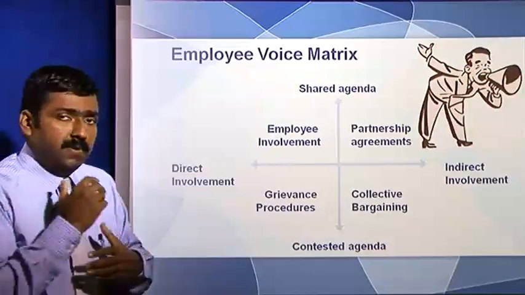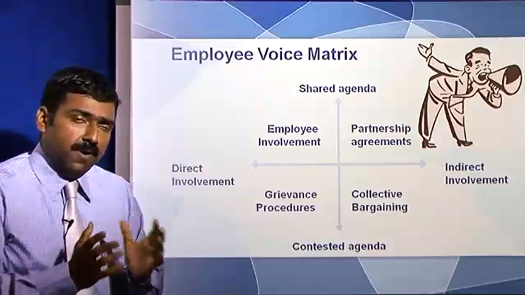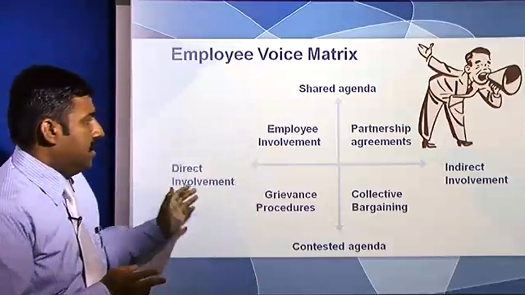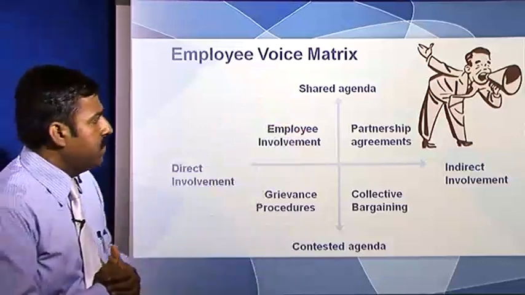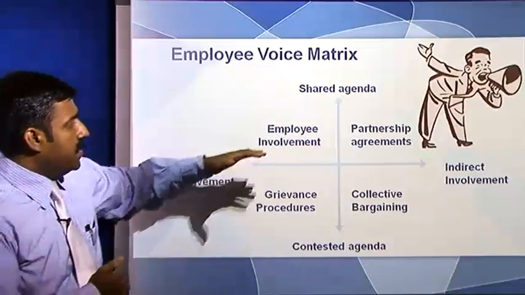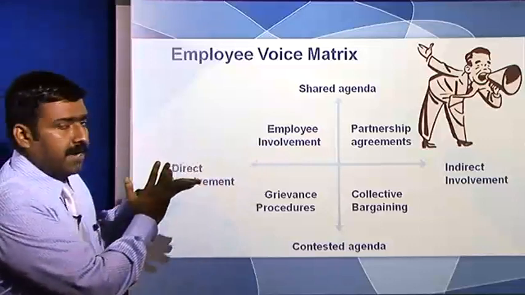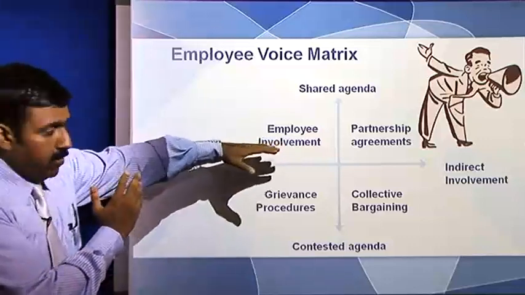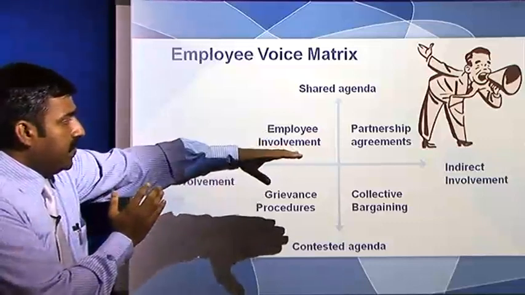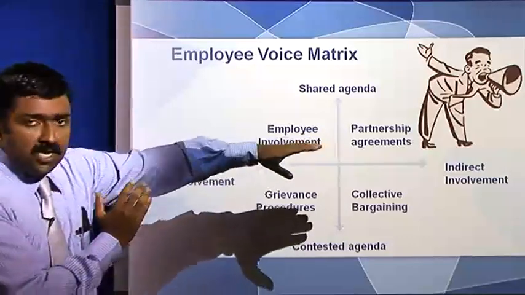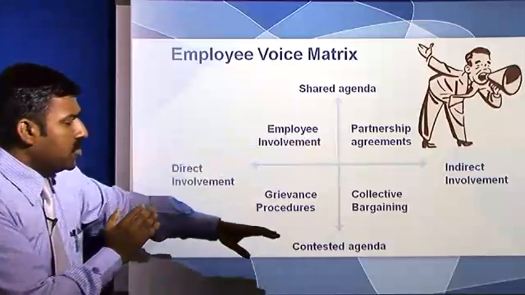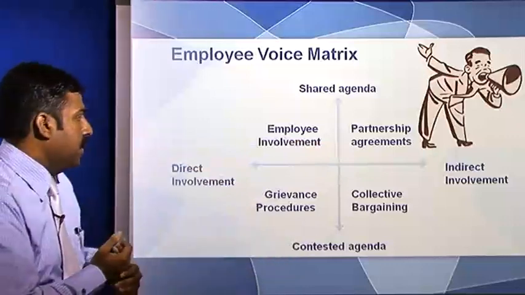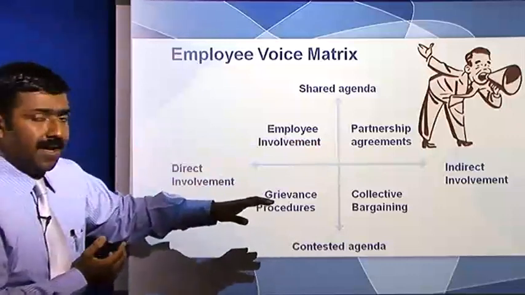Now let us take a deeper look at the employee voice matrix. When it comes to shared agenda and direct and indirect involvement, in this quadrant wherein you have a shared agenda and direct involvement of the employee, there is employee involvement. And when you have a shared agenda, you have partnership agreements. Moving on to contested agenda, where there is an issue and you need to resolve disputes, and there is direct involvement, you have a grievance procedure.